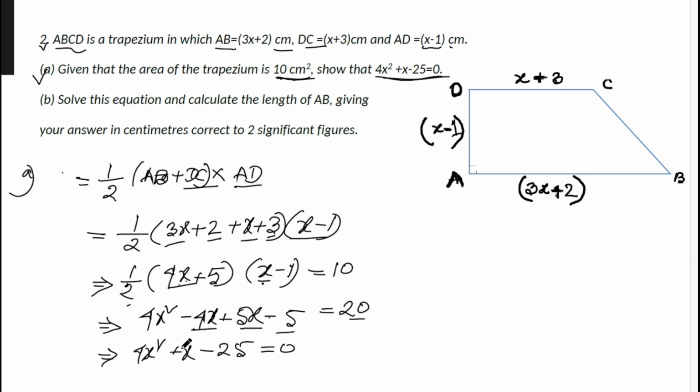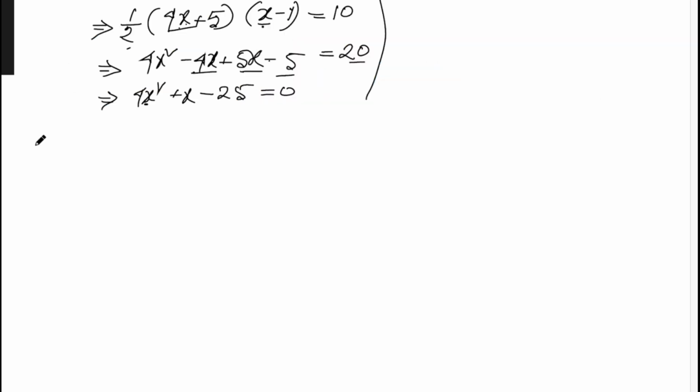Now come to solve question B. It asks to solve the equation and calculate the length of AB, giving the answer in centimeters corrected to 3 significant figures. Okay, now first we need to solve this equation to get the value of x.